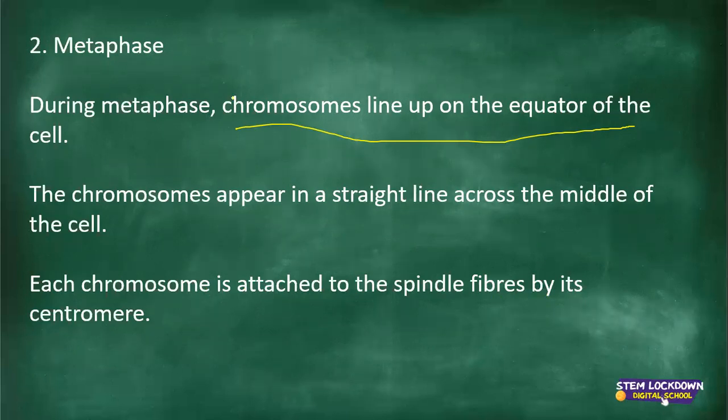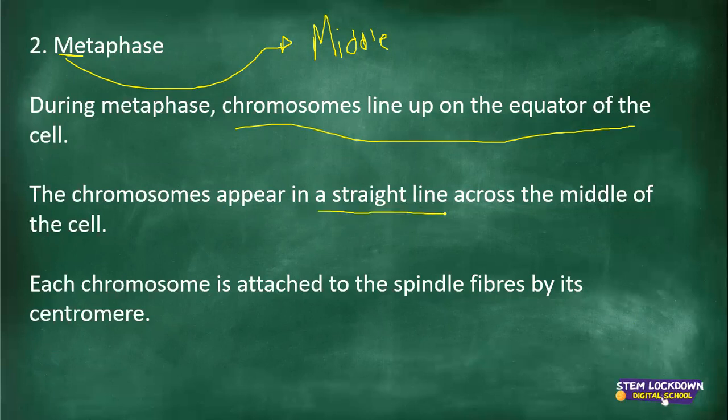So metaphase, to remember it, think of the M, which is middle, right? Metaphase, the M there stands for middle. Why? They are lining up on the equator, whereby they will appear in a straight line across the middle of the cell. So you see the middle there.